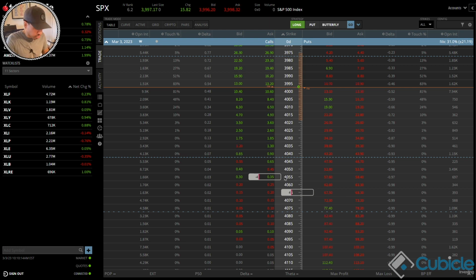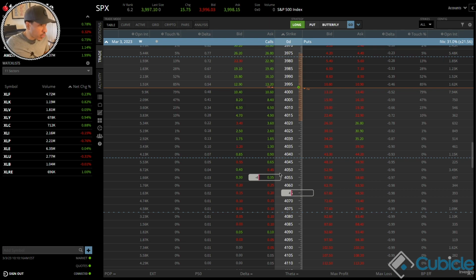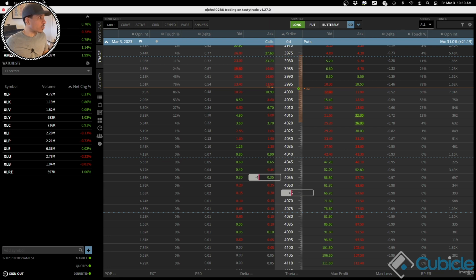But as you can see here, the position is at 40.55 and 40.65. I had to close this out and log back in for this to be centered correctly. But yeah, I am in a call credit spread. I've sold 4 contracts.